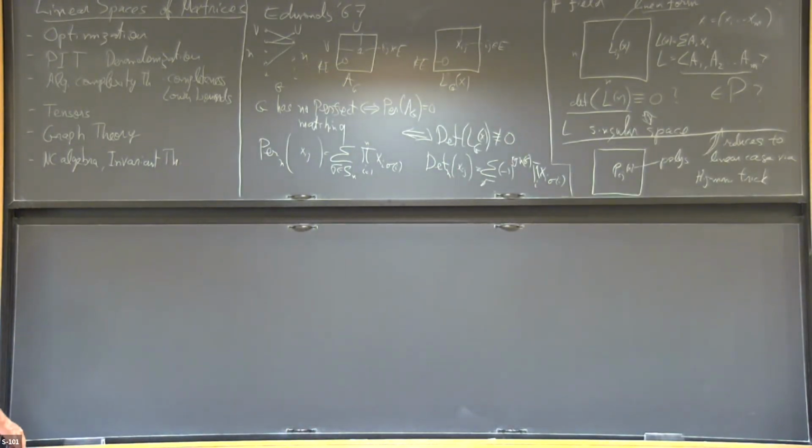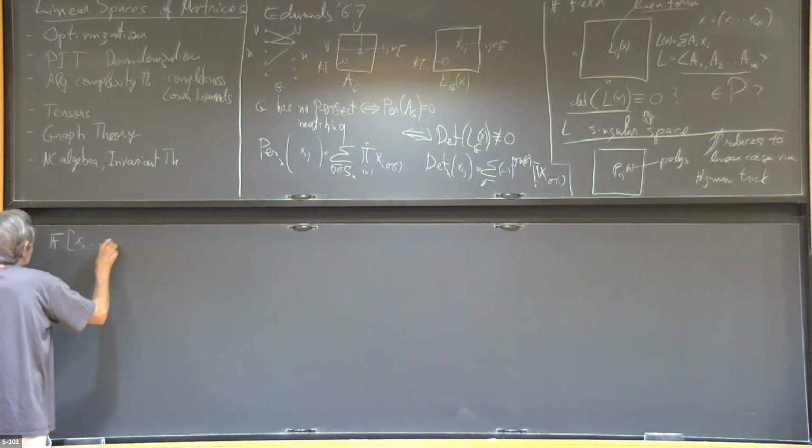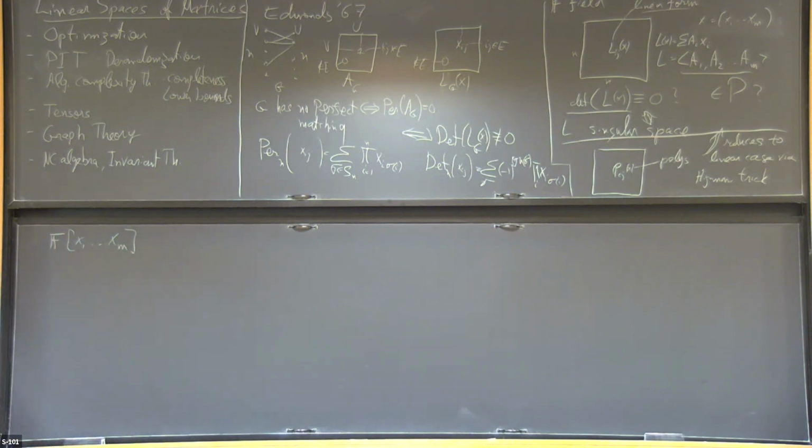Okay, so now we want to talk about algebraic complexity theory, about polynomials. We again think about this polynomial ring. Here's a very basic and well-known fact that was discovered all over the place by lots of people.